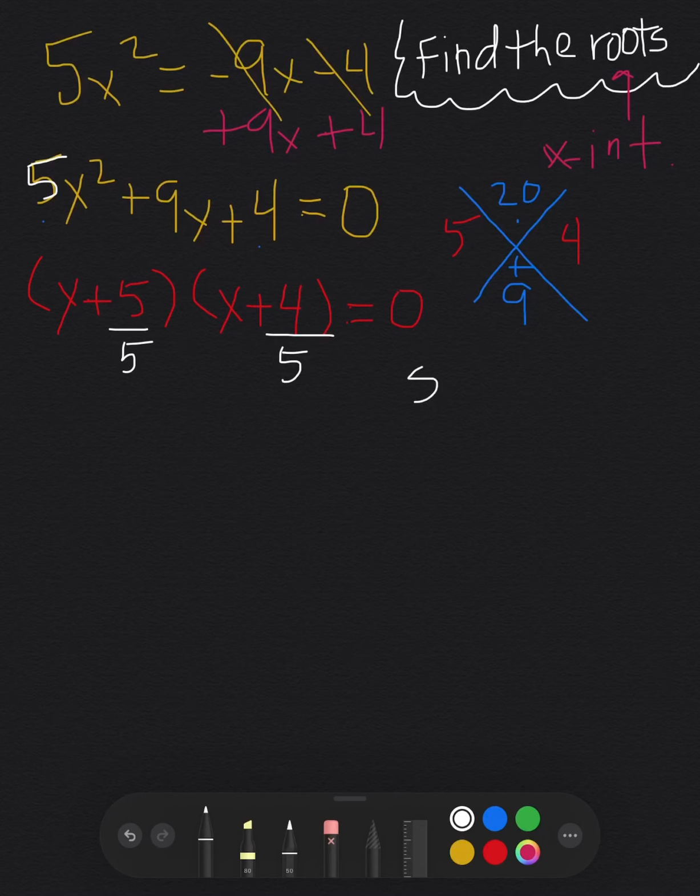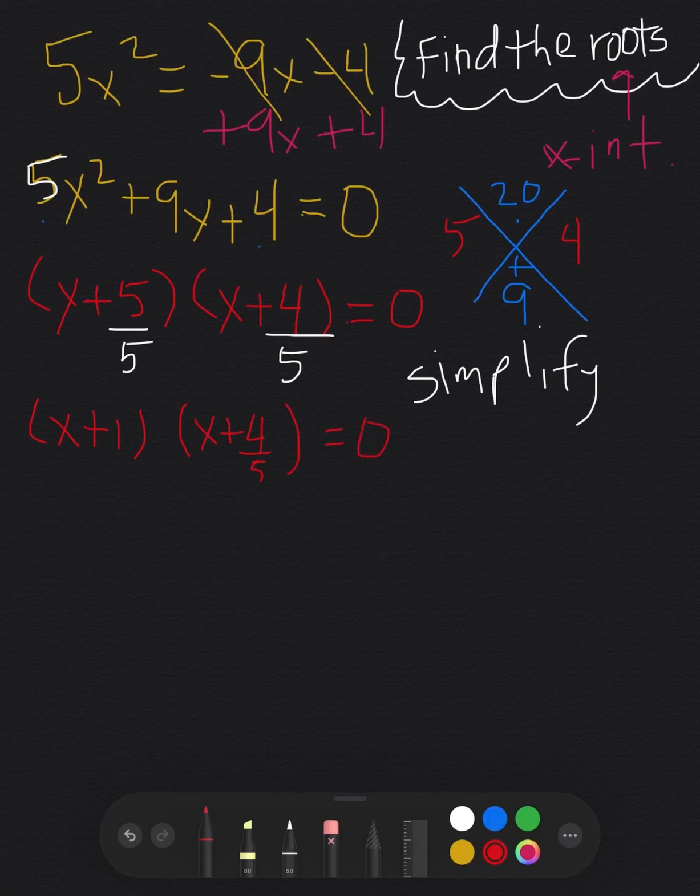Next step is to simplify. So 5 over 5, that's going to simplify to 1, because 5 divided by 5 is 1. 4 over 5 can't simplify, so we leave it.